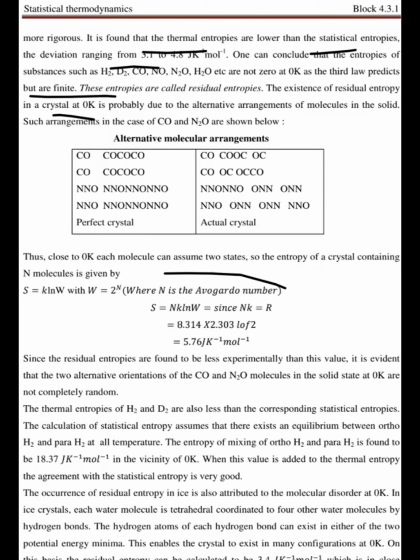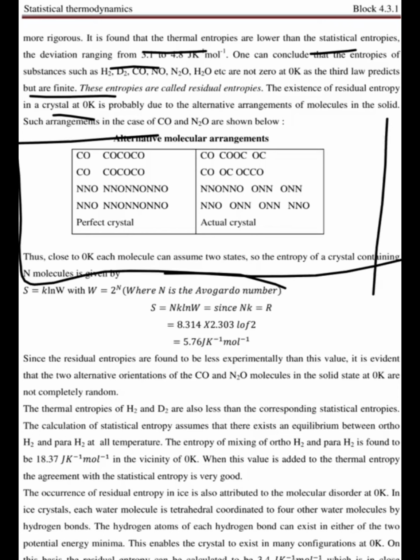So the occurrence of residual entropy in ice is also attributed to the molecules' disorder at 0 Kelvin. From this, what you are going to analyze here means the disorderness of the molecules can be seen at 0 Kelvin. So disorderness of molecules, molecule rearrangement, alternative molecule arrangement at 0 Kelvin.